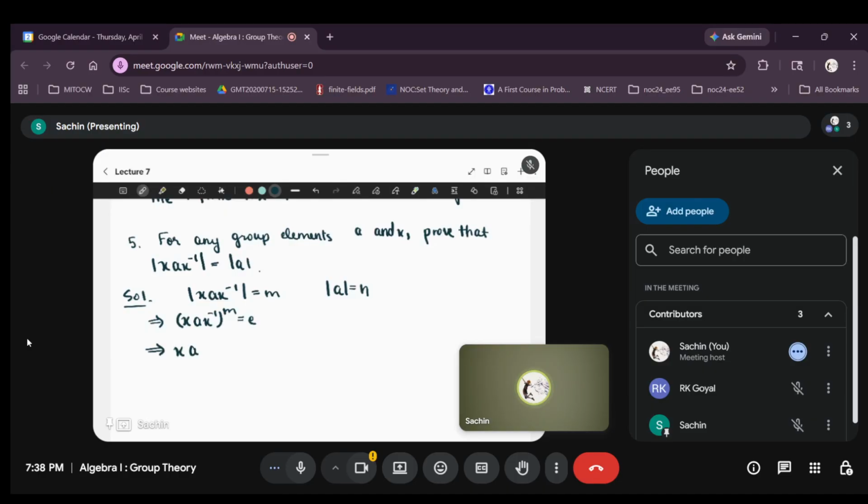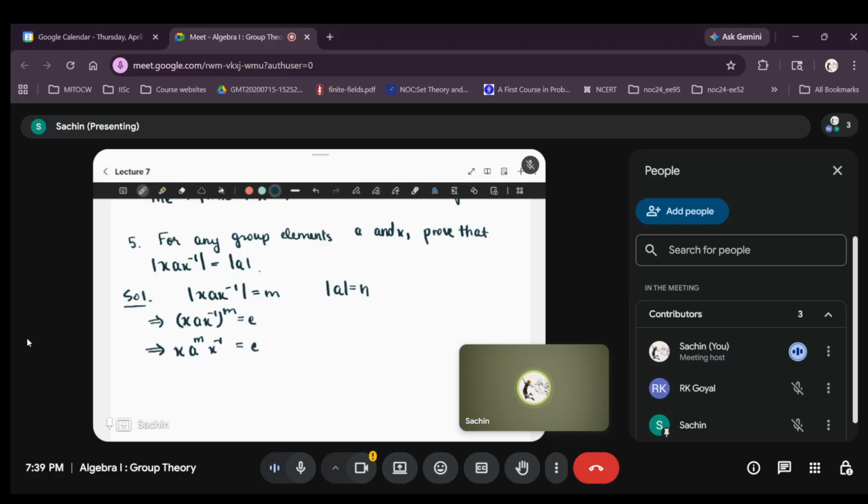If you don't remember the proof, we proved it, I think, by induction, but a simple way to understand is if you multiply XA X inverse twice like this, then this X inverse X will become the identity and you will be left with XA square X inverse. So again, if you multiply, this X inverse and X will go away and you'll get XA cube X inverse. That keeps happening again and again, and you end up with XA power m X inverse.